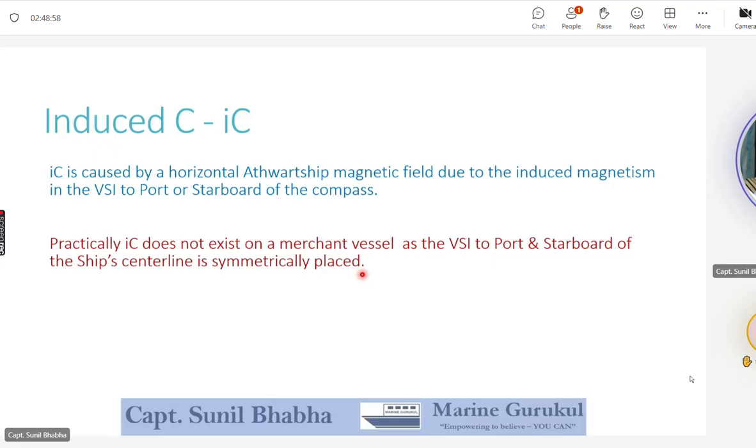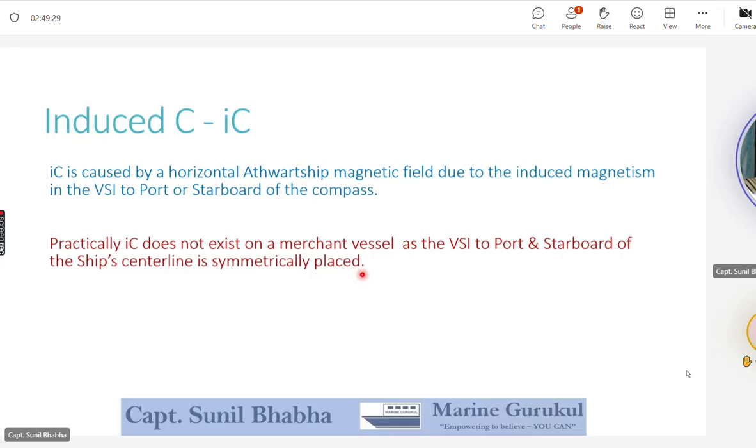Forward or aft of the compass, we have substantial VSI, big VSI structures. It could be the mast, it could be a crane or a derrick kind of structure. But port and starboard of the compass location, we usually do not have a prominent vertical soft iron structure. So if that structure is not there, coefficient IC or induced C will not be generated.